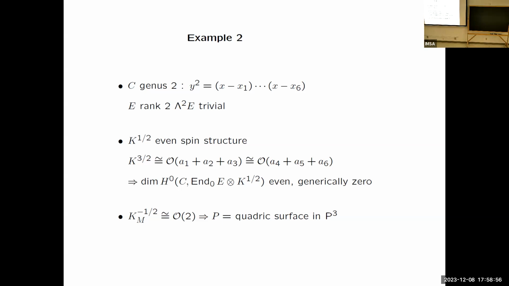So these even spin structures, there are 10 of these. If you think about it, there are 10 different ways of choosing disjoint triples out of 6. So in this case, this is the case where this is generic to 0. So we have this Pfaffian divisor, which is now a quadric surface in P3.